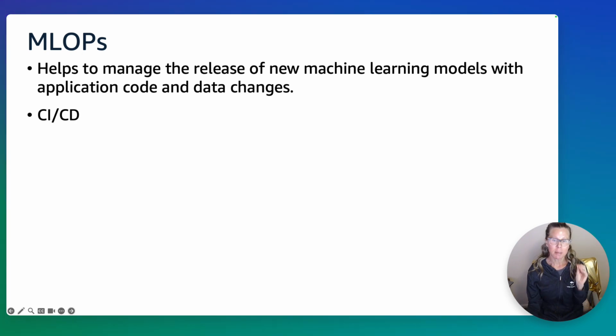MLOps helps us to manage the release of new machine learning models with application code and data changes. A MLOps implementation uses the machine learning assets similar to other CI/CD environment software assets. You deploy machine learning models with the applications and services they use as part of a whole process.